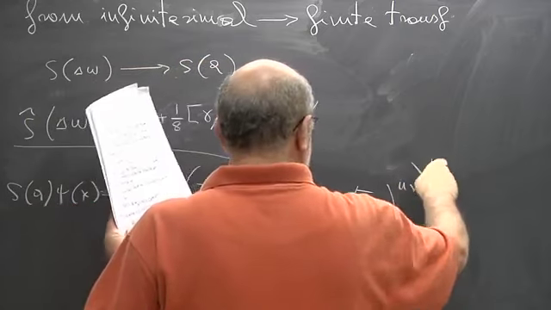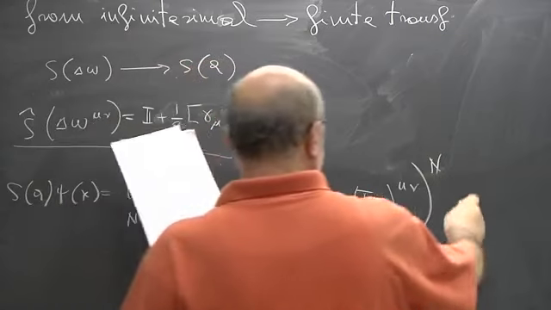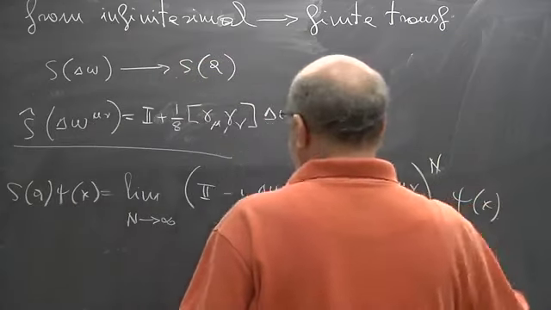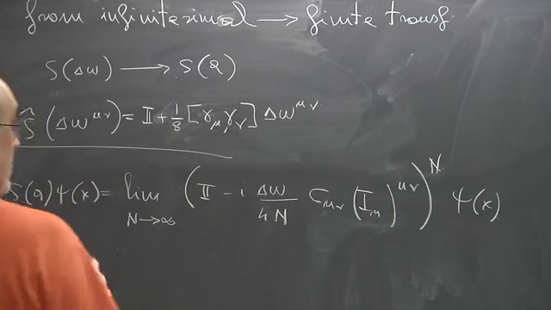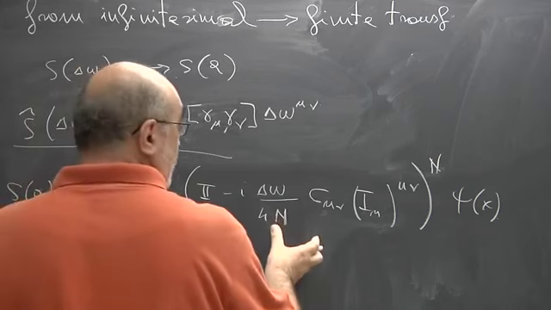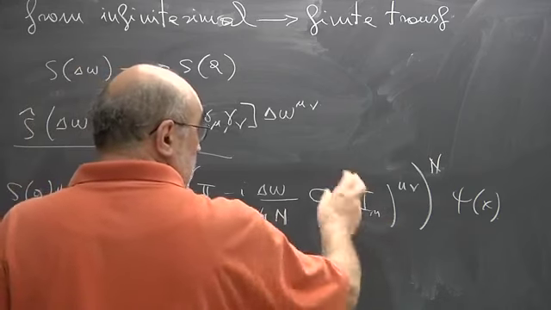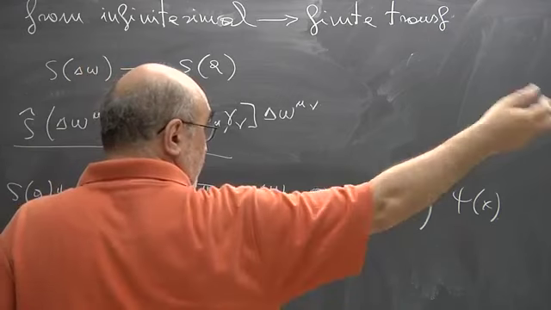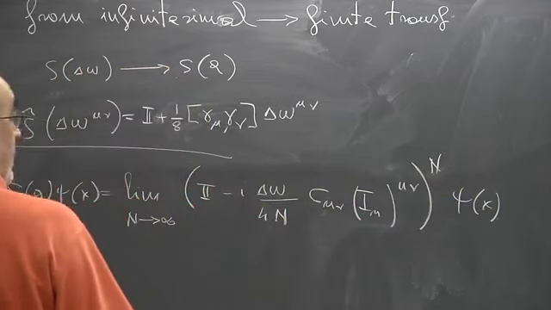I take the n-th power of this and apply it to psi of x. Is it clear why this is a finite transformation? This is an infinitesimal one. I do it n times and I hope to get a finite one.